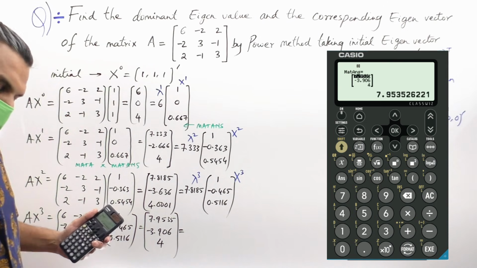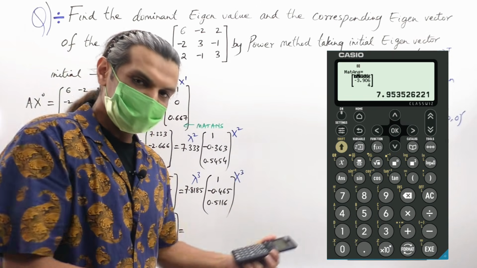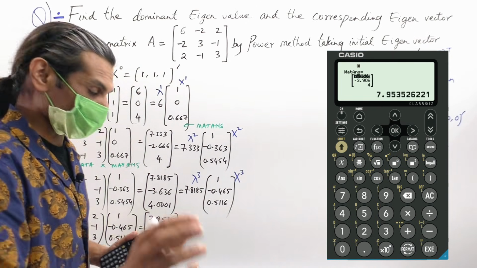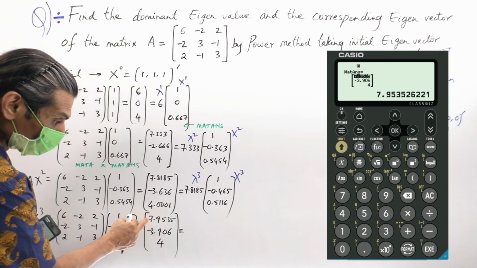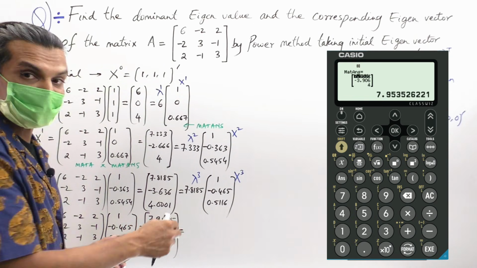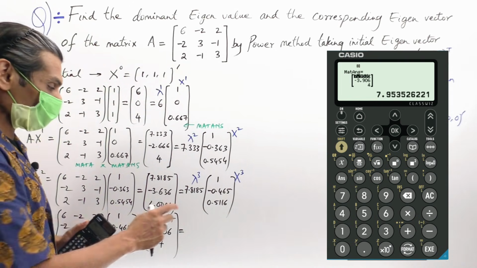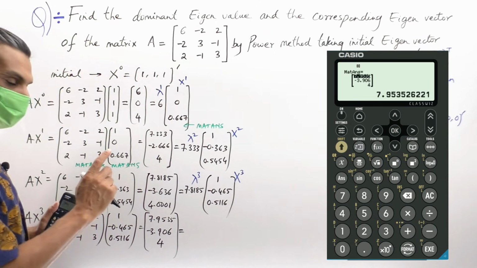See, one more thing I'll tell you. I was solving one more problem, so please stay updated. See, the highest number is to be taken, not its sign. See, if this was minus 7.9535, then also you have to take 7.9535 only outside and keep the minus inside, whatever, minus 1. Getting the point? Correct?